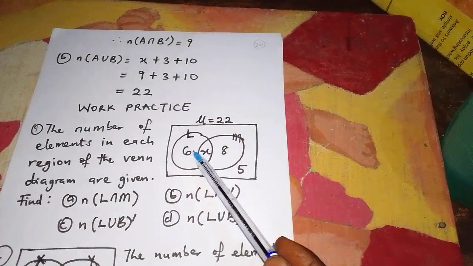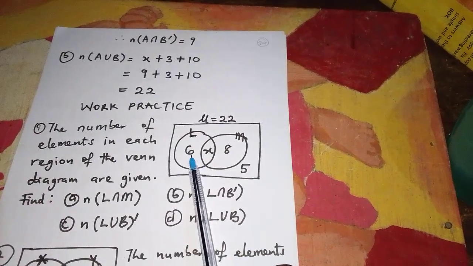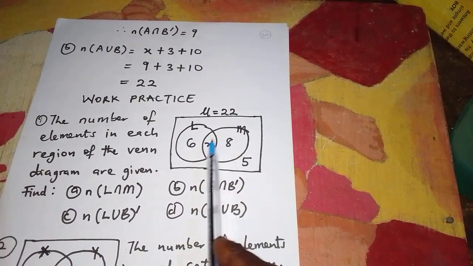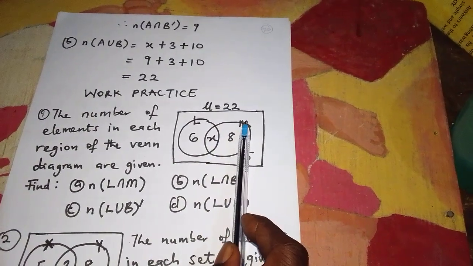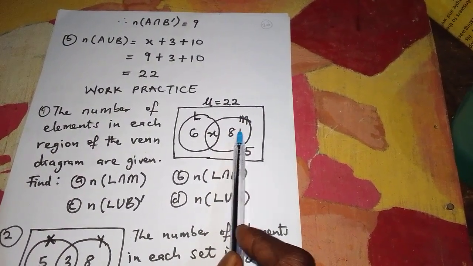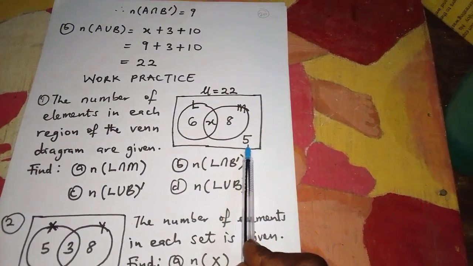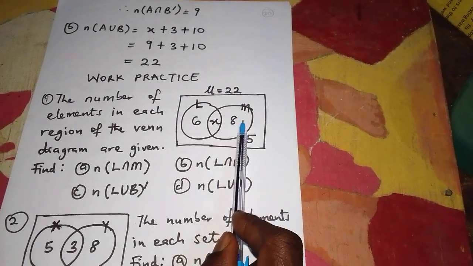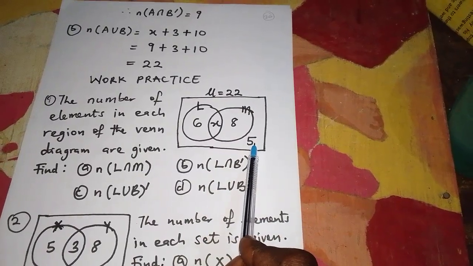Those elements in L only, we have 6. Those in L intersection M, we have X. Those in M only, we have A. And those that are not in these two sets, L union M complement, we have 5.